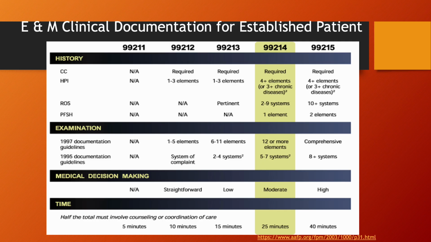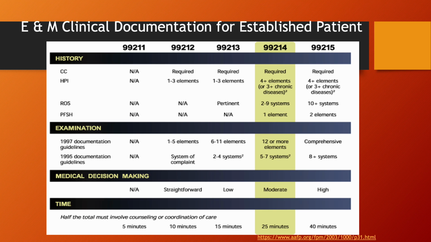You must have your HPI, which has 4 elements, or you can have 3 chronic diseases. Review of systems has to be 10 systems or more. Your past, family, and social history has to have at least 2 elements. Your exam has to be comprehensive, about 8 systems. Your medical decision making is high, and the time you spent is about 40 minutes.